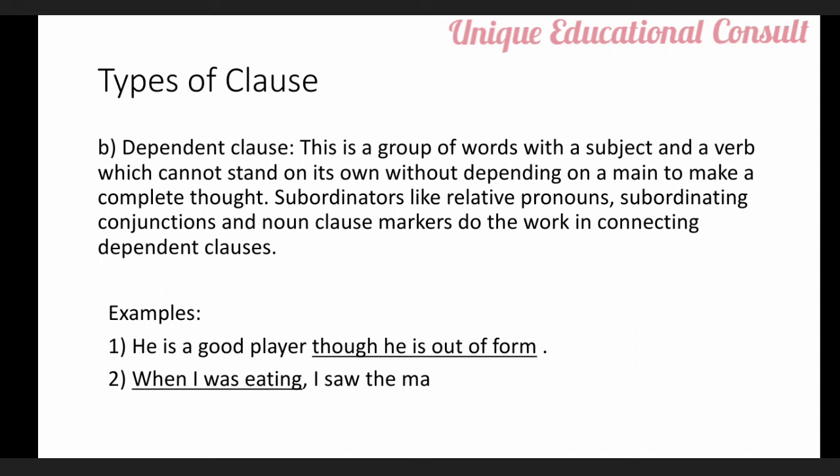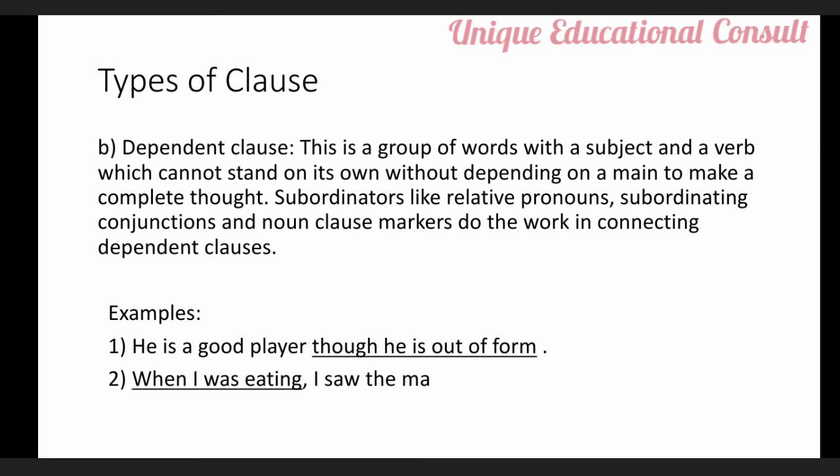Where we have when I was eating to be the subordinate clause or dependent clause in that sentence. So we have the two, and those that I underlined, they are the ones that we are looking at on this particular page, which is under dependent clause. That is why I underlined them. So I hope this is clear.